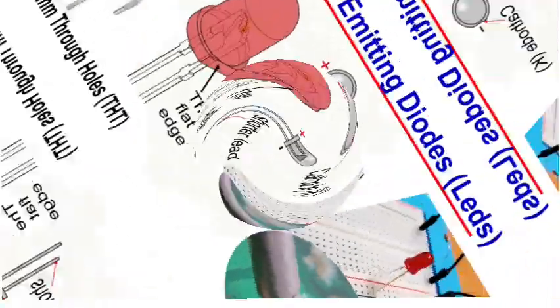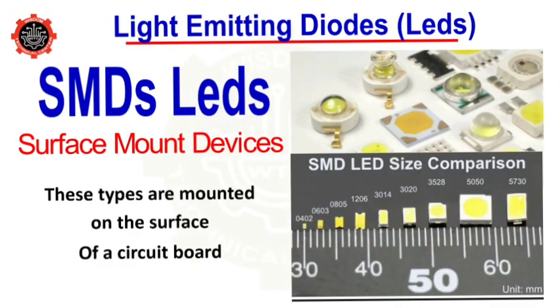We also get the second type wey na the SMDs, meaning surface mount devices. This type of LED dem be too small wey we go solder them on the surface of a circuit board in order to allow create compact designs or models.